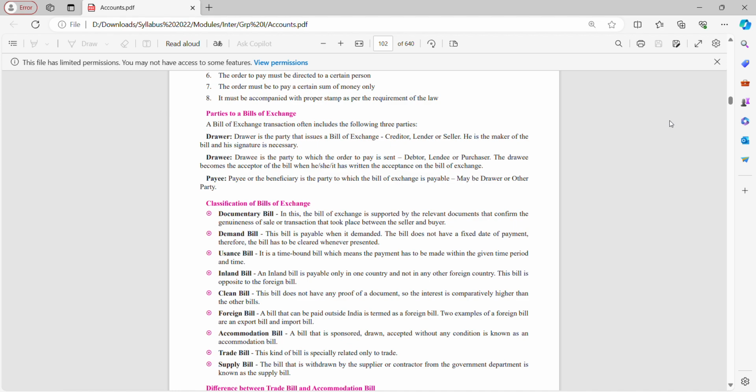He is the maker of the bill and his signature is necessary. Drawee is the party to which the order to pay is sent: debtor, lendee or purchaser. The drawee means the customer. Then we have the payee. The payee or beneficiary is the party to which the bill of exchange is payable, may be the drawer or another party. A quick read, I'll wait for a minute.